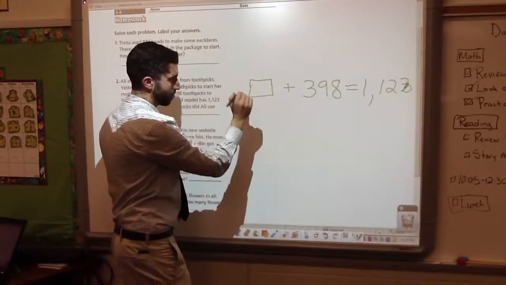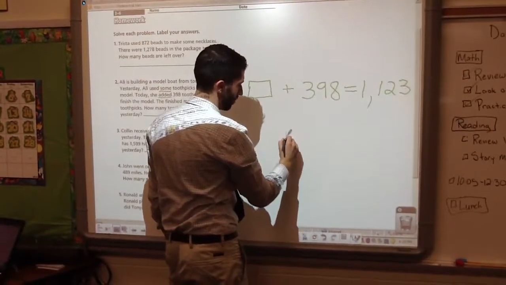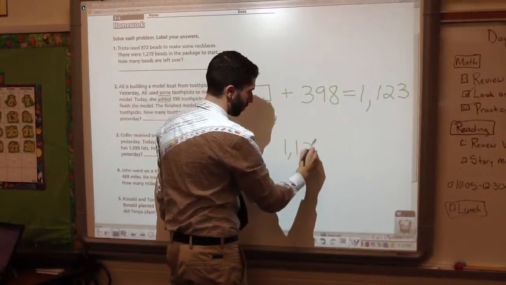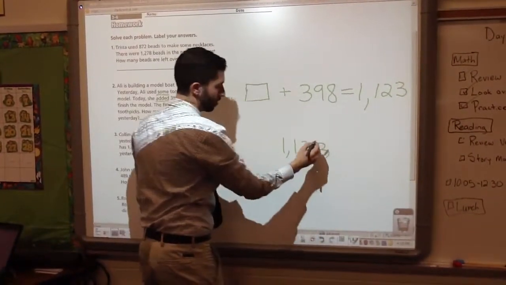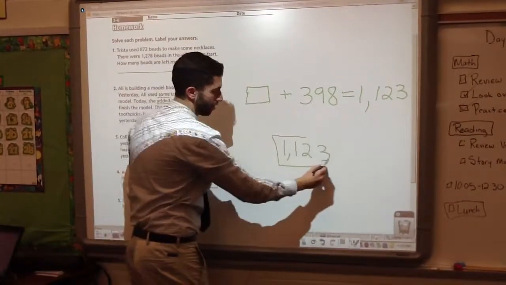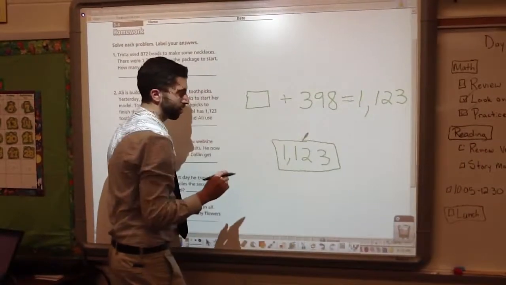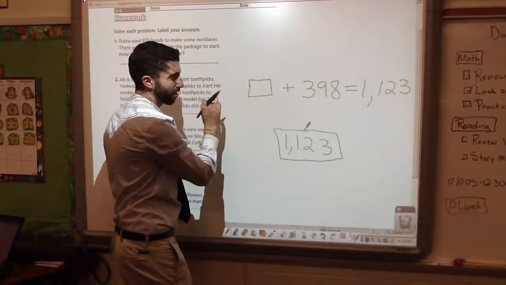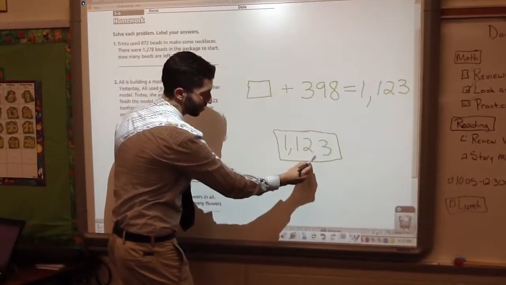So I can set it up as 1,123, and this is where I can separate this, and I'll come back, but we'll use a Math Mountain strategy.